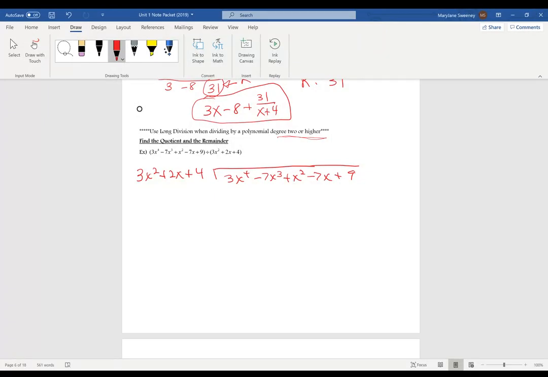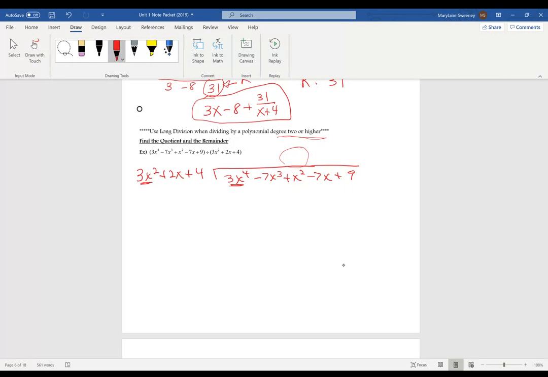Okay, so when you do long division, you're taking 3 terms, you're putting in the 3 terms. So the first term you put is going to be right up here because you're doing 3 into 3. So it goes right above there. You're going to ask yourself, what times 3x squared is going to give you 3x to the 4th?